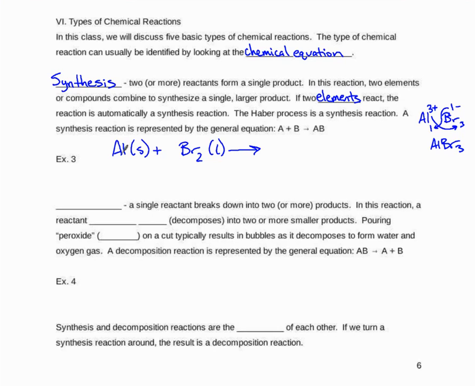When aluminum and bromine react, I end up with aluminum bromide. I would expect you to be able to get to this from these based on what I've taught you.